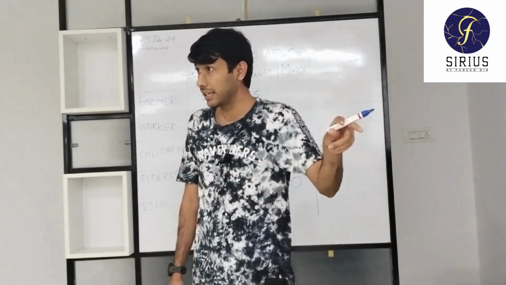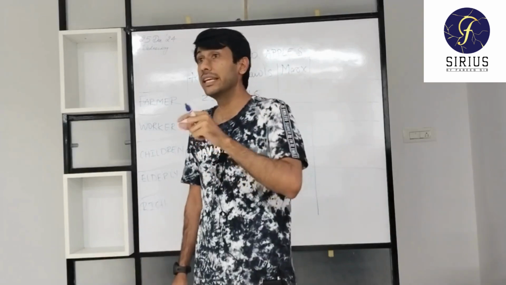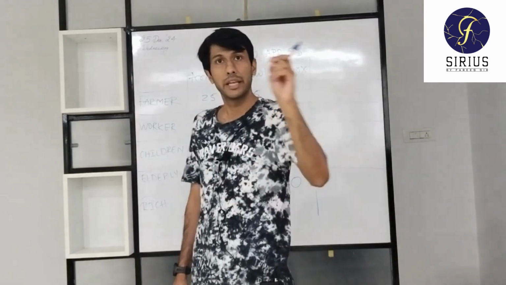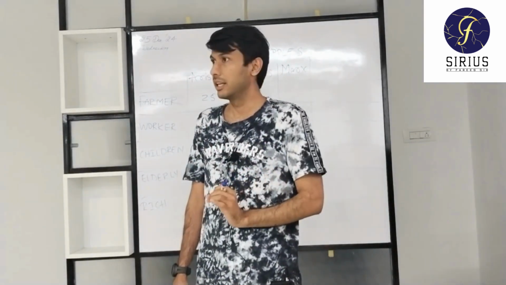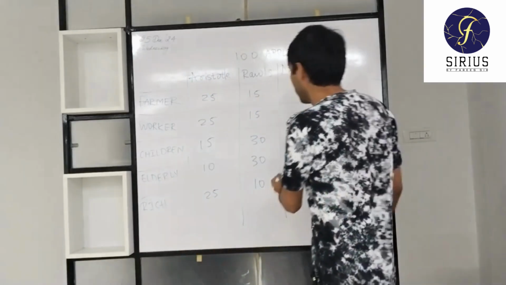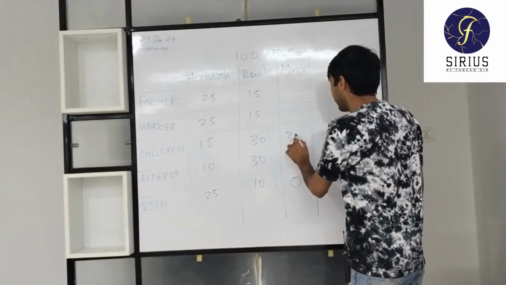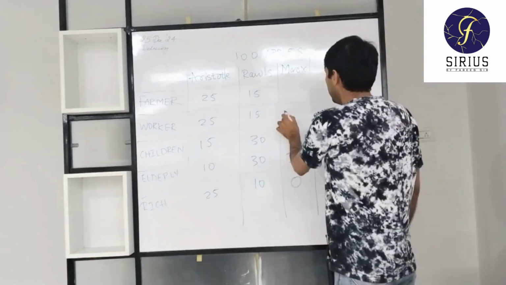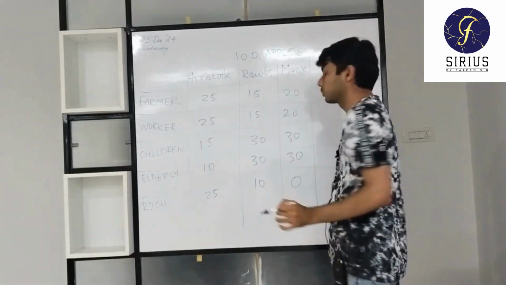So based on each individual's capability we are taking, and based on each individual's need we are giving. And 0, okay, probably 30 here, 30 here, and 20 and 20.